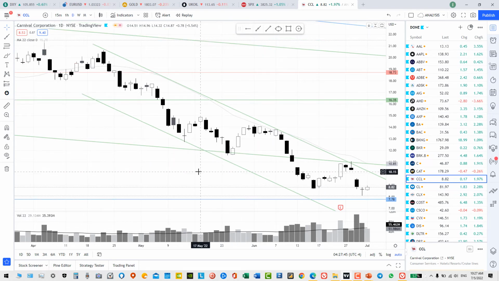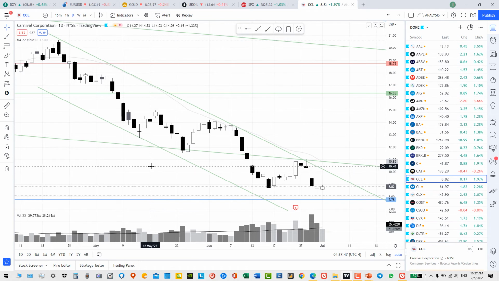And this should lead us to a question. What are the conditions that are required to be met in order for the stock to start its correction? And this is a good question.